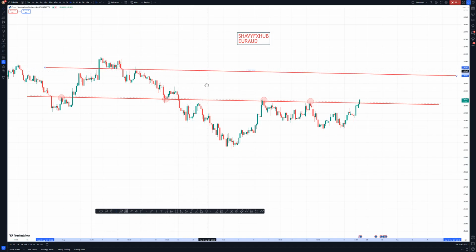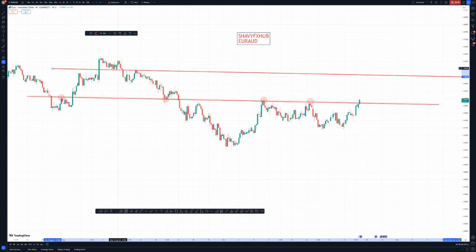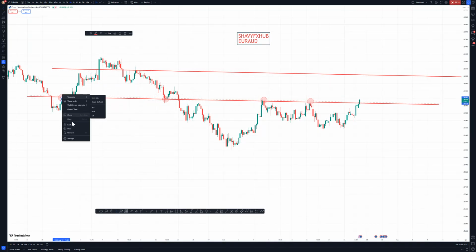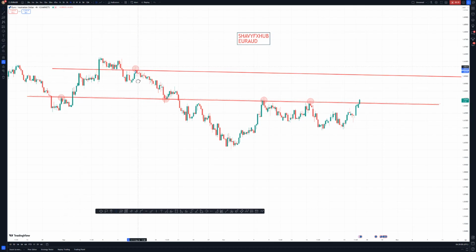So we have here a clean track record of another break and retest. Support structure, break of a support structure, retest. So we are looking at where this buy is going to be a long buy. This buy I predicted yesterday for Euro AUD is going to be a long buy.